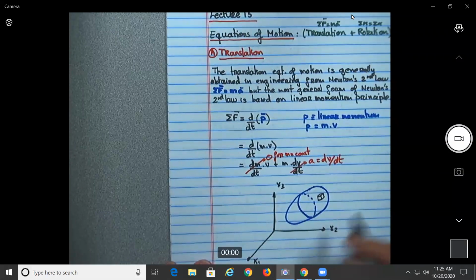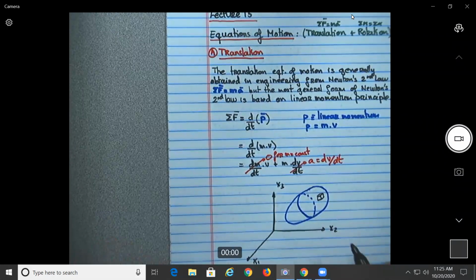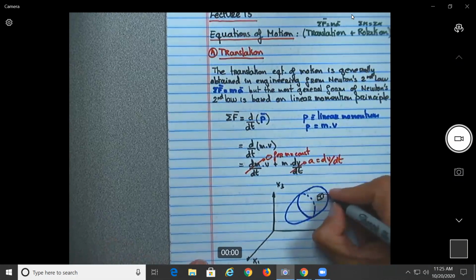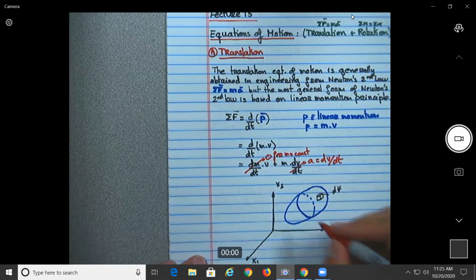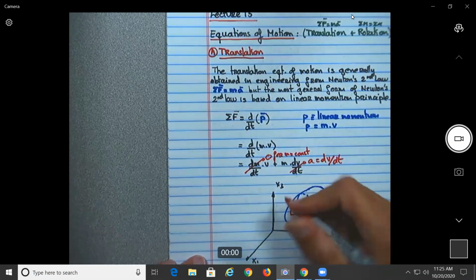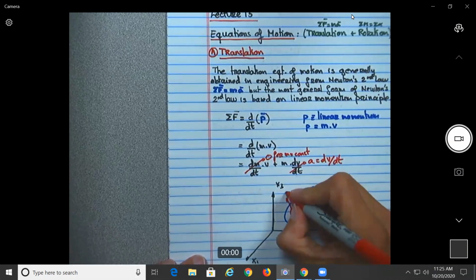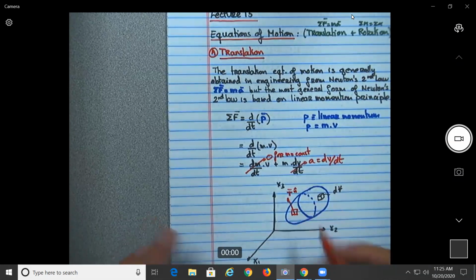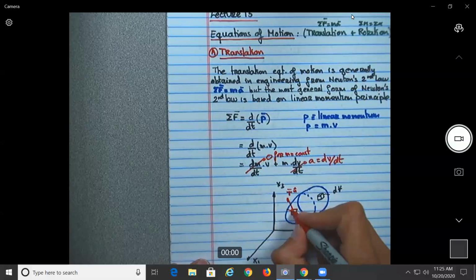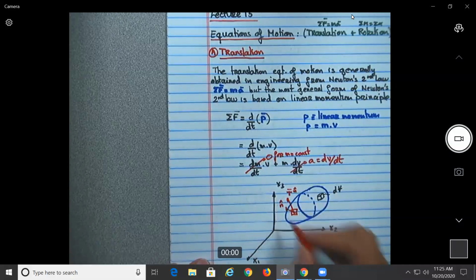And let's say we just look at a little cube of it, a little volume, a control volume of it. This will be your dV. So this body, in order to have motion, is going to be subjected to different forces. The different forces are going to induce on the surface a stress tensor, no? That could be normal or shear, depending on whether it's in the direction of the normal vector of the surface or not, okay?